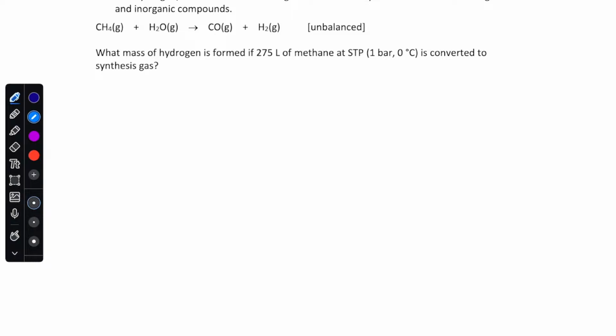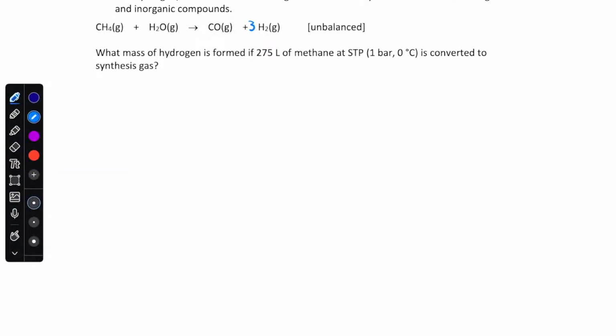So if you look at our carbons, there's 1 on each side, so carbon is already balanced. Oxygens, you have 1 on the right and 1 on the left, so oxygen is already balanced. Hydrogen, you have 6 on the left and only 2 on the right. So to balance this, all we really need to do is put a 3 in front of H2, and then we're all set.